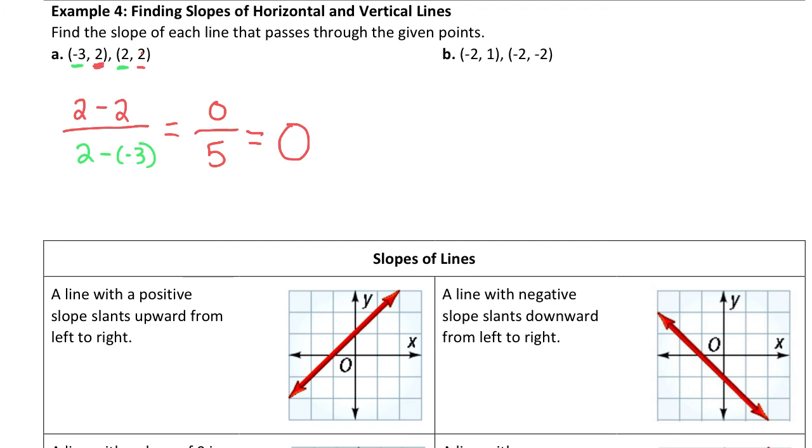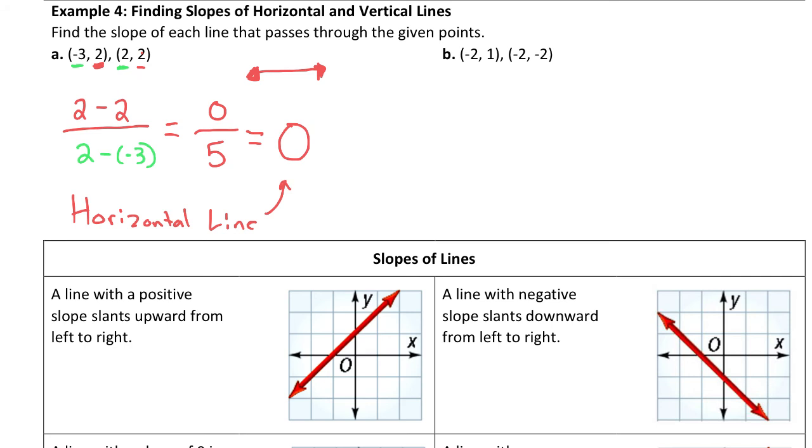And that sounds weird, a slope of 0. A slope of 0 represents a horizontal line. A horizontal line looks like this, left to right. It has 0 rise to it.